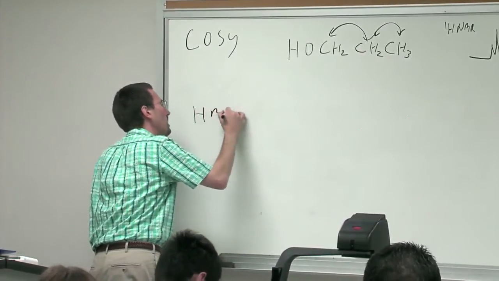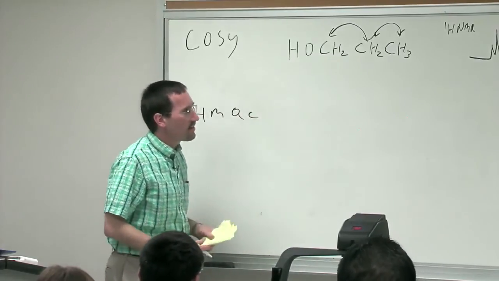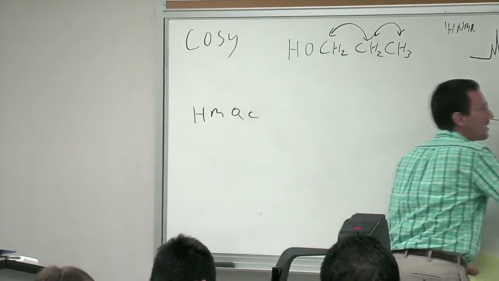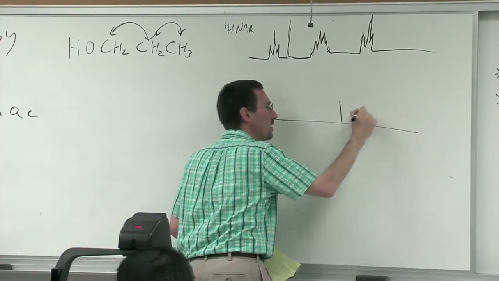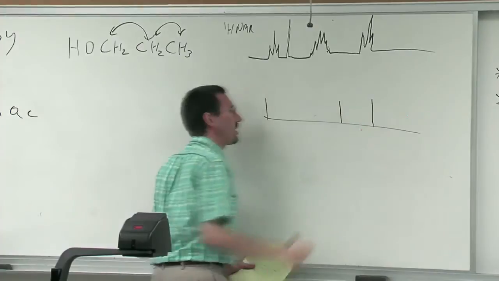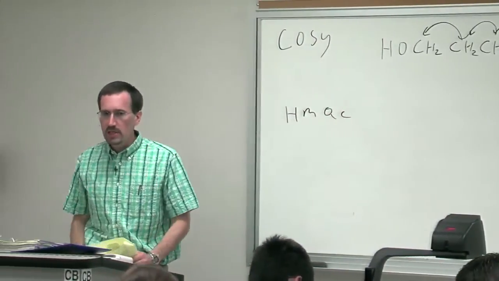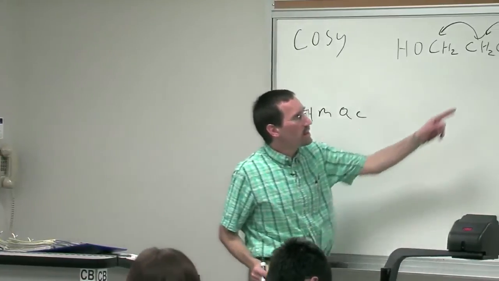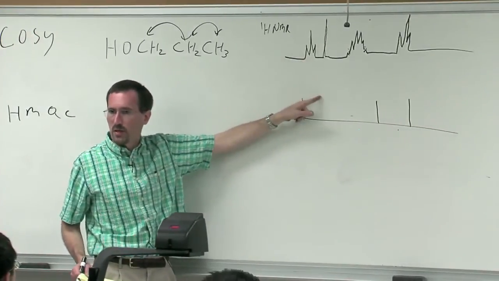Now, similarly, if I have a carbon NMR spectrum, let's say for the same molecule, I may have something that looks kind of like this, with, let's say, 3 lines in it. And what HMQC is going to do is correlate the proton signals with the carbon signals.